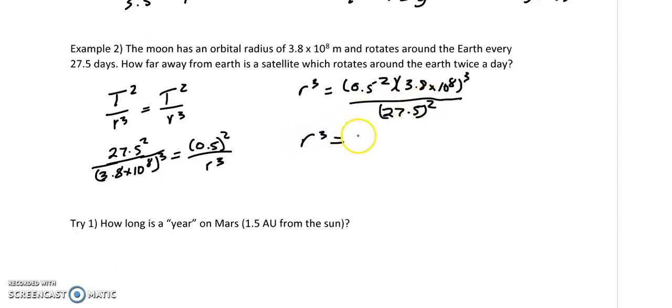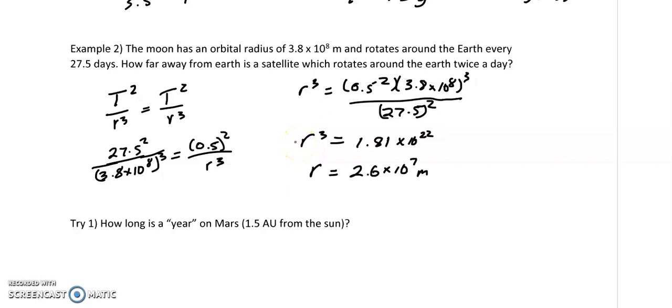So calculating that, your r cubed is 1.81 times 10 to the 22nd, and after you cube root that, you wind up with 2.6 times 10 to the 7 meters. But that is its orbital radius.